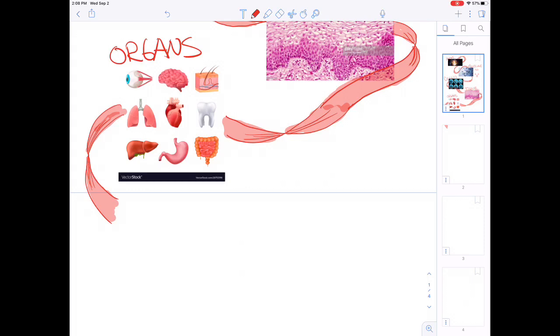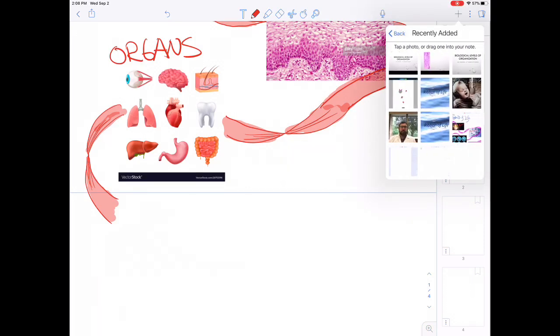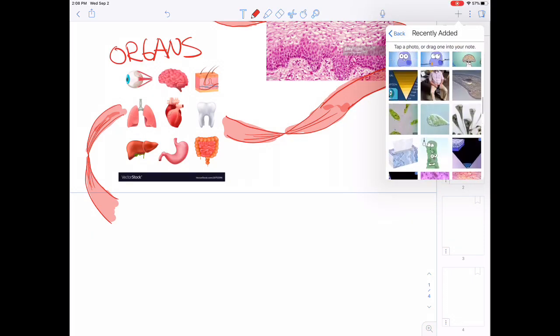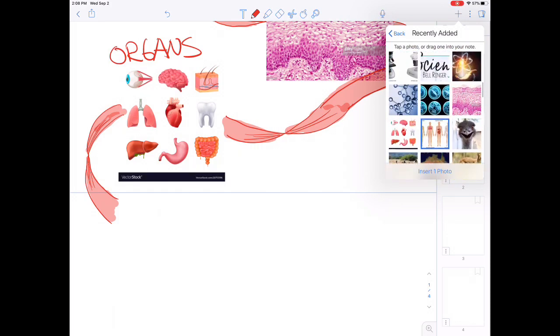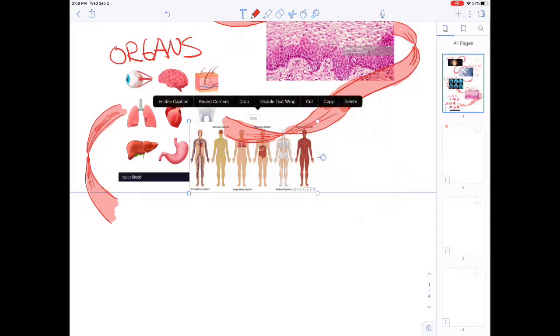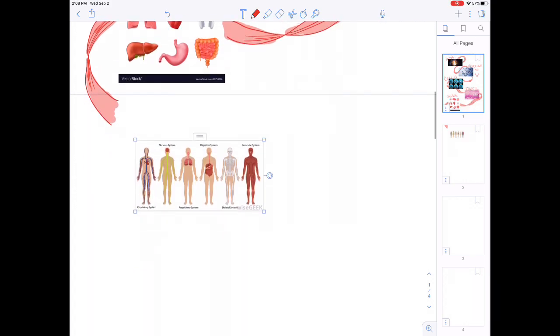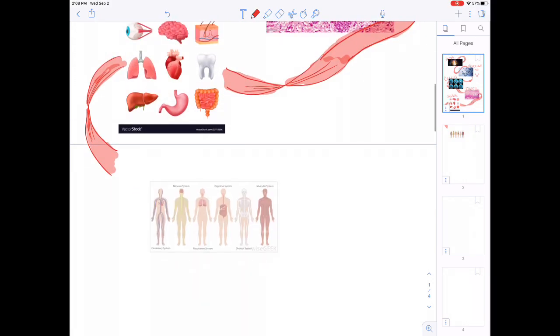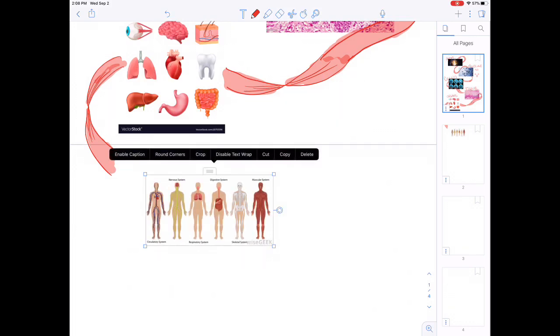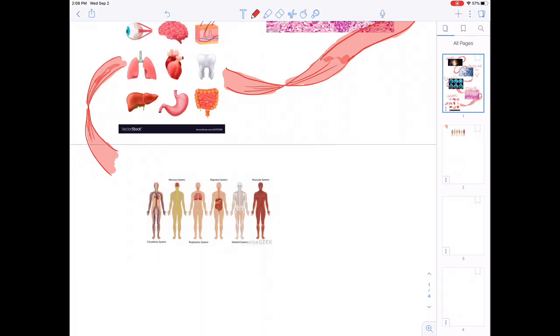When you get a bunch of organs working together, you end up creating organ systems. So if you get the brain working with the spinal cord, working with all your nerves, you get your nervous system. If you get your stomach and your small intestine and your large intestine and your throat all working together, you get your digestive system.